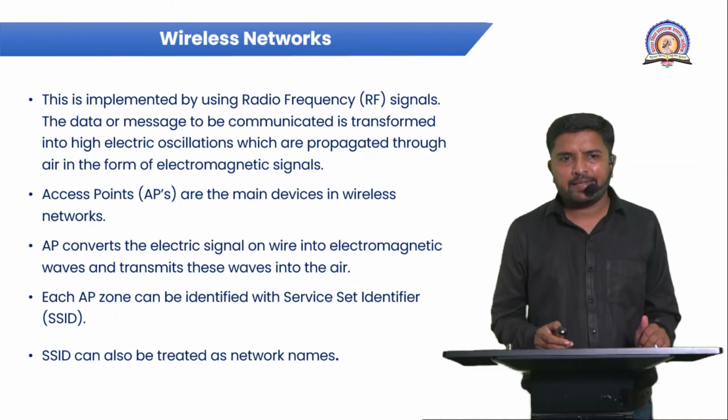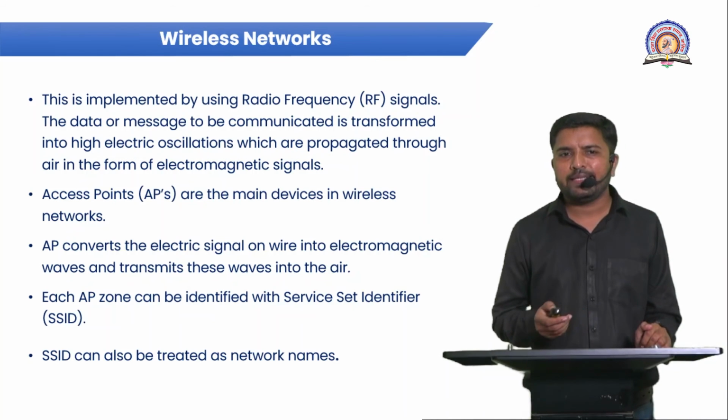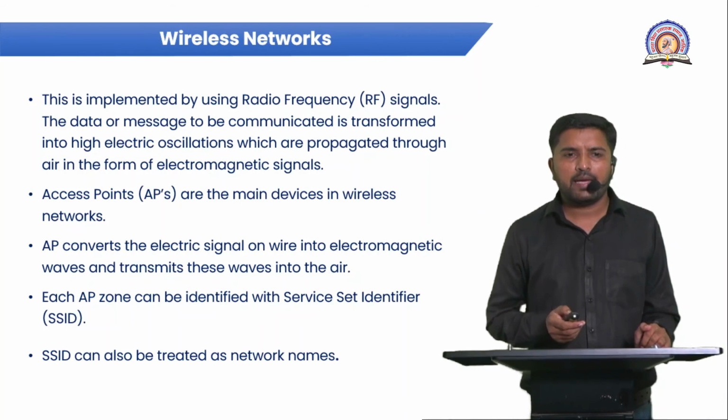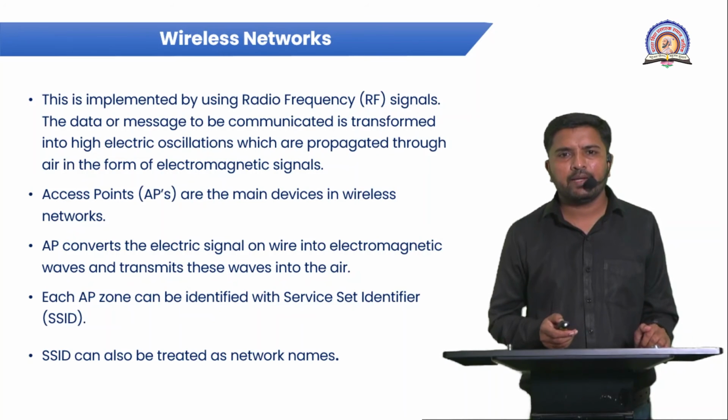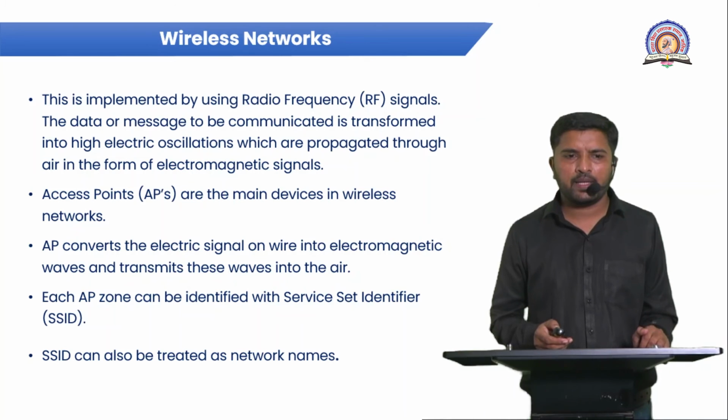In wireless networks, there are radio frequency signals, and those signals are essential for transforming high electric oscillations which are propagated through air in the form of electromagnetic signals. Access points are the main device used in wireless networks. These access point zones can be identified with the help of SSID, meaning service set identifier.